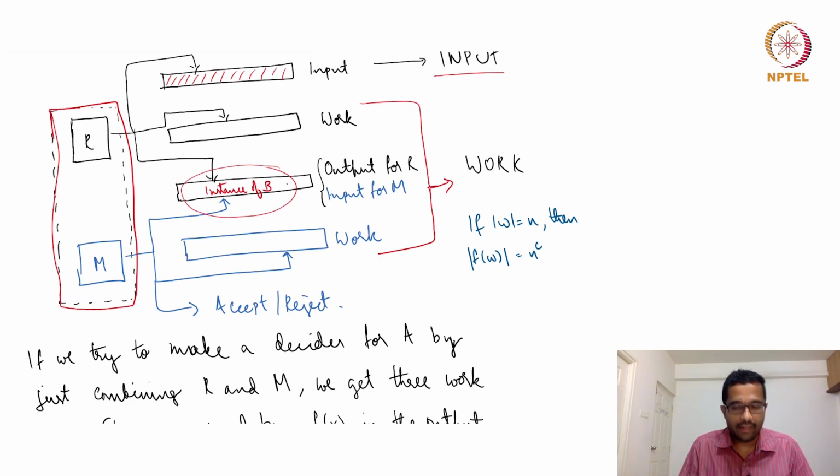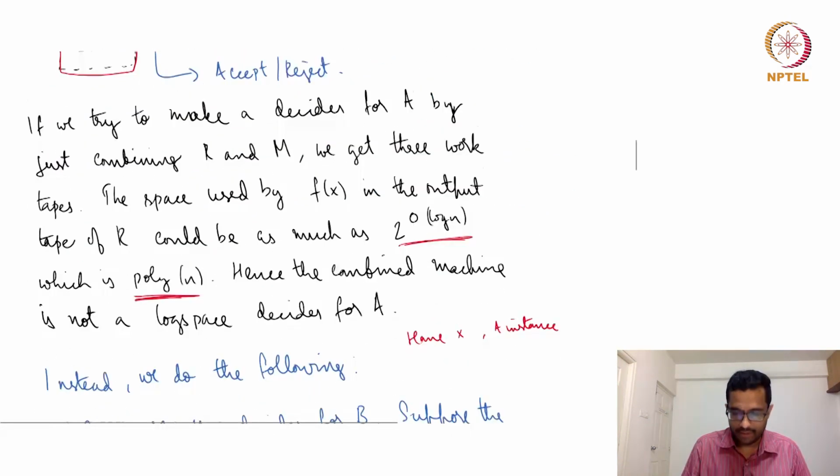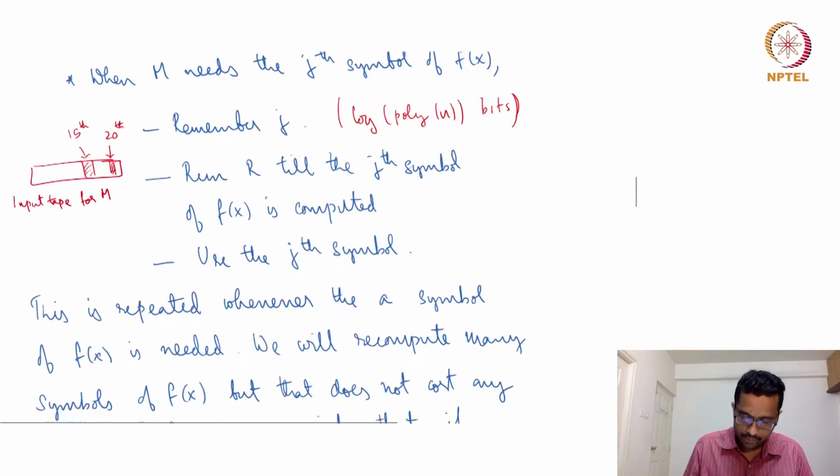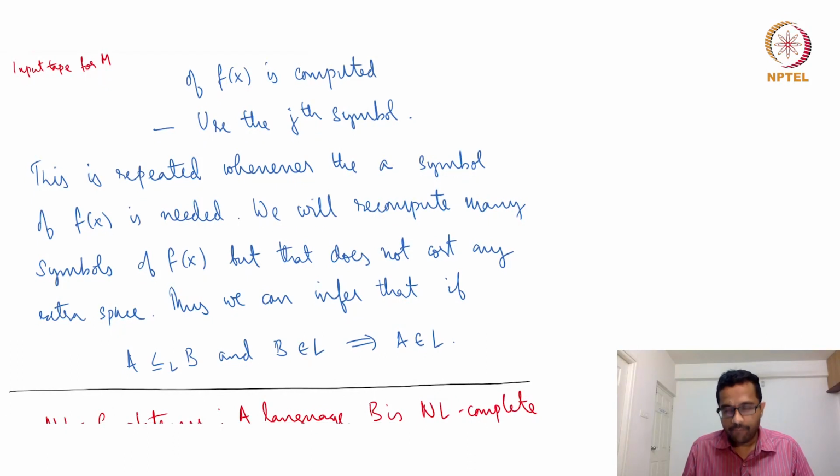We are saving on the space, because we are never writing down the F of X entirely on this tape, which is okay because in this model time is never measured. What is measured is the space, right? So now M can complete the computation.